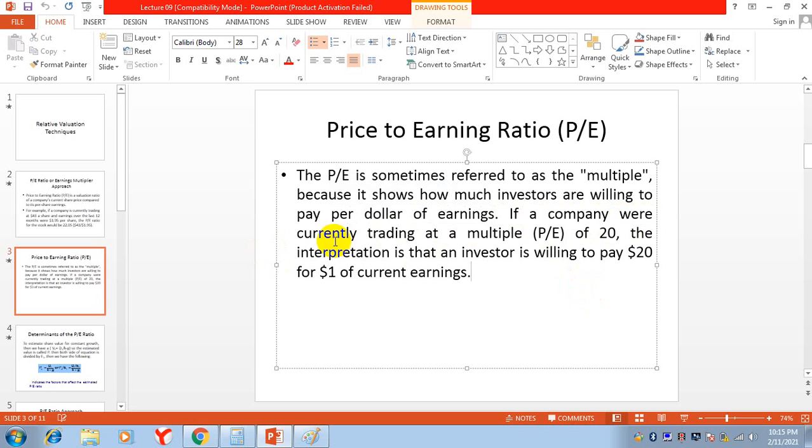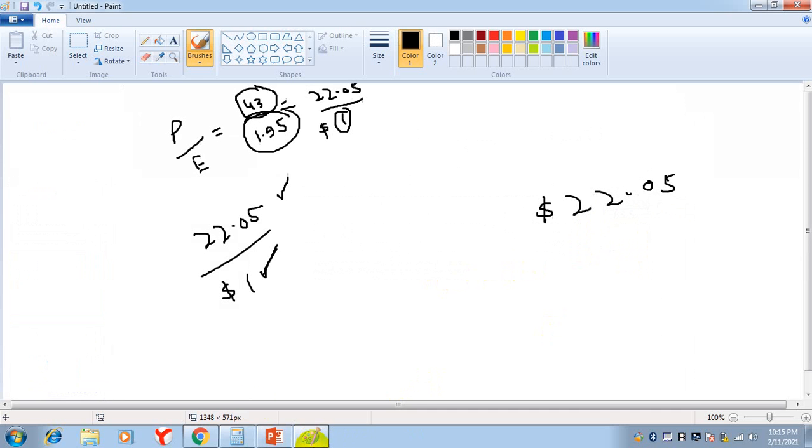If a company were currently trading at a multiple of 20, the interpretation is that an investor is willing to pay $20 for $1 of current earning.